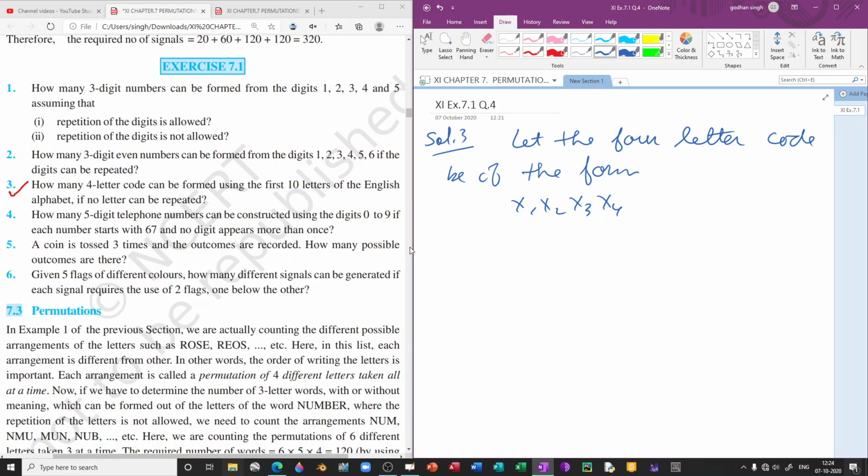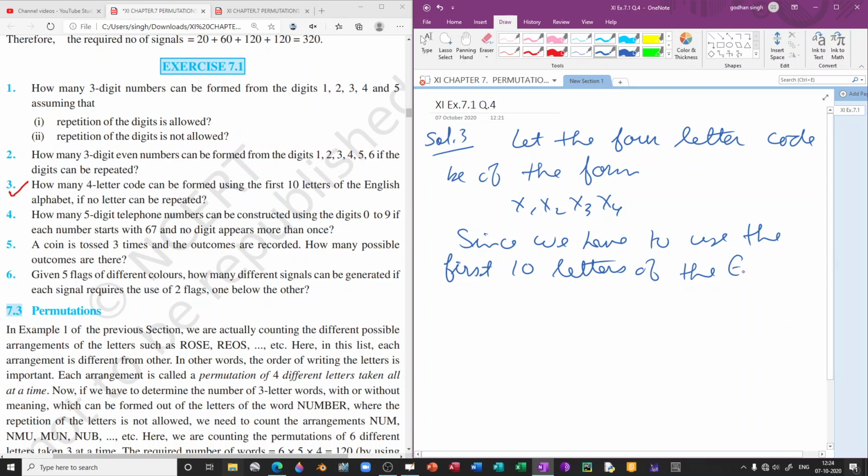And what we have to do in this one is we have to use the first 10 letters of the English alphabet, and no letter can be repeated. Therefore, we can say that x1 can be filled up in how many ways?